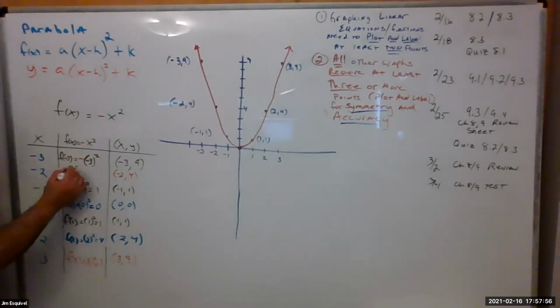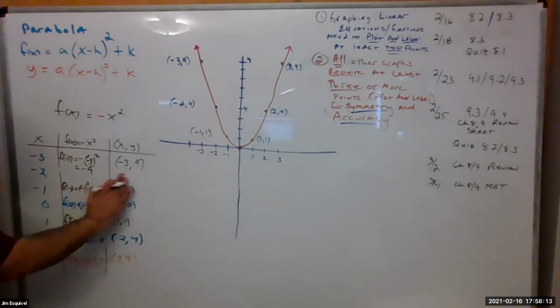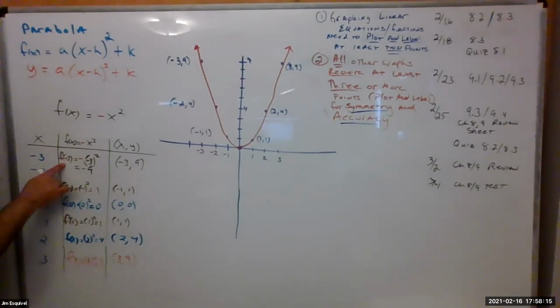So that's going to equal, the negative on the outside is still there, and then the -3 squared is a +9. So when you have -3 squared, you get -9. So when we plug in -3, we now get -9.